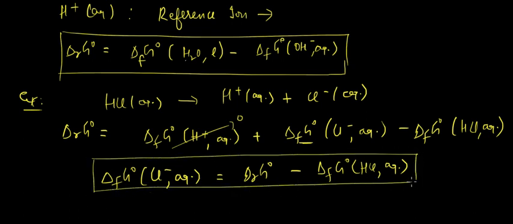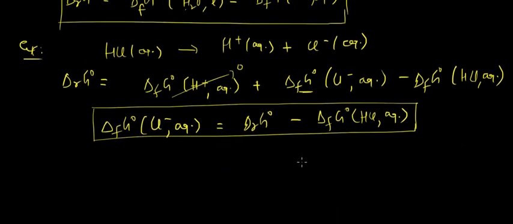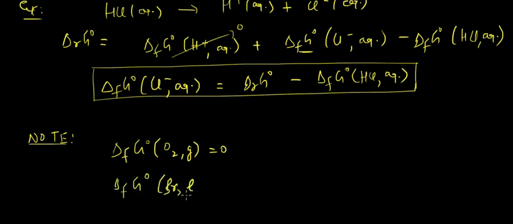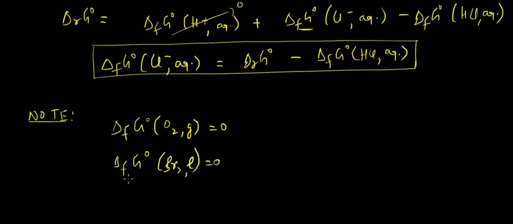Okay, and just note here that delta F G naught for O2 gas would be considered 0, delta F G naught for Br2 liquid would be considered 0, and delta F G naught for gold in solid phase would be considered 0.